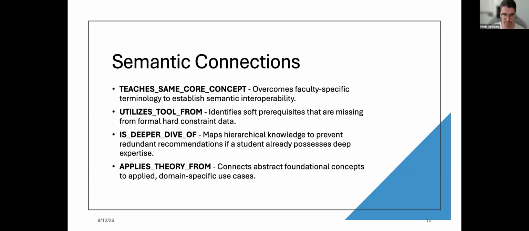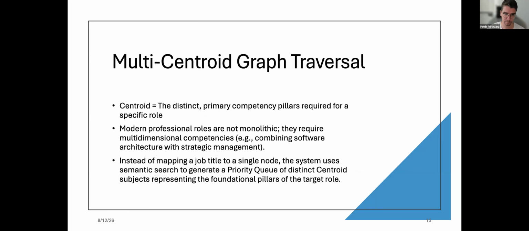Then there is deeper dive, which is the same, but for theoretical concepts. You can have an overview course that gives you four different topics, and then for each topic you have a deeper dive. And applies theory is just a connection between the theoretical courses and the practical ones that can give you domain-specific use cases.